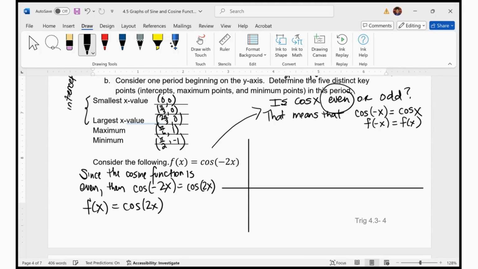All right, y'all tell me what the period is. I'll give you 30 seconds to work on the period.